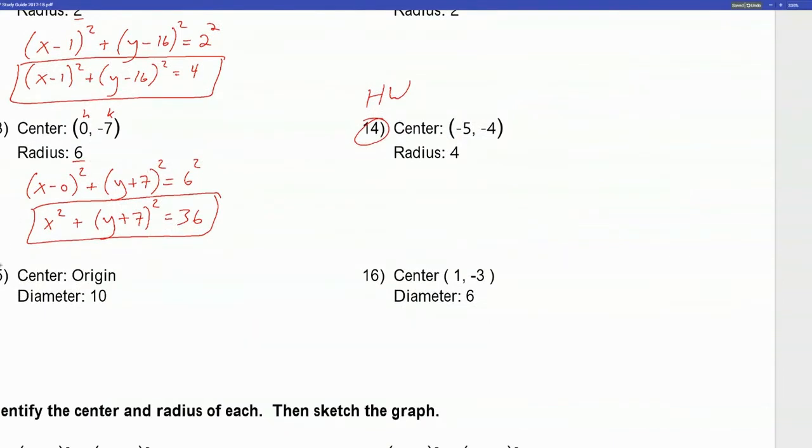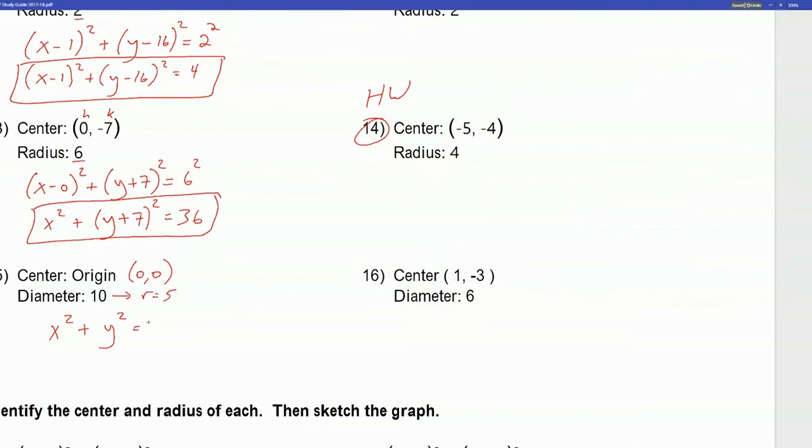Number 15, the origin is really just 0, comma 0. And I'll tell you what, I'll do that one. It's just going to be this, right? 0, comma 0. Why bother substituting the zeros? Now the diameter, again, that means the radius is 5. Okay.